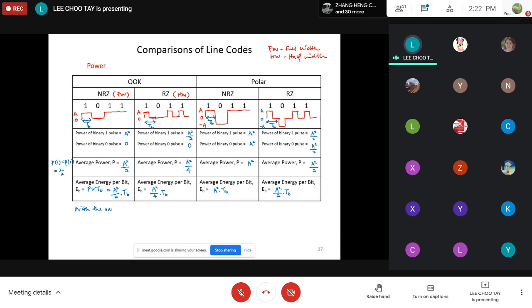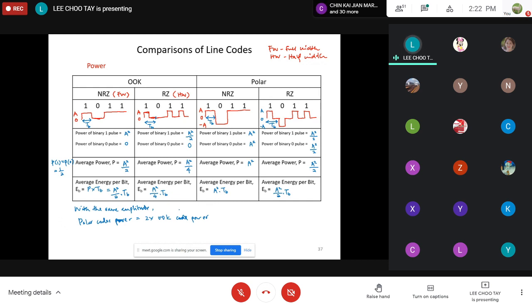With the same amplitude, the polar code power is actually 2 times the OOK code power, isn't it? It actually produces 2 times the power.